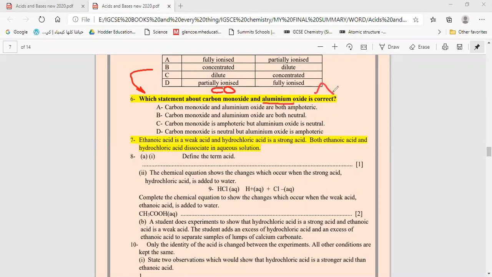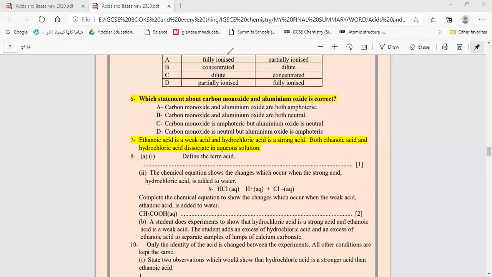Aluminum oxide, Al2O3, is amphoteric. So are carbon monoxide and aluminum oxide both amphoteric? No, carbon monoxide is not amphoteric, so this one is incorrect. Both neutral? No, because aluminum oxide is amphoteric. Carbon monoxide amphoteric? No. And the final one, carbon monoxide is neutral? Yes. And so the correct answer is number 6.